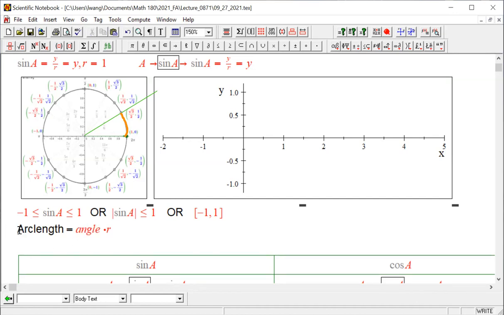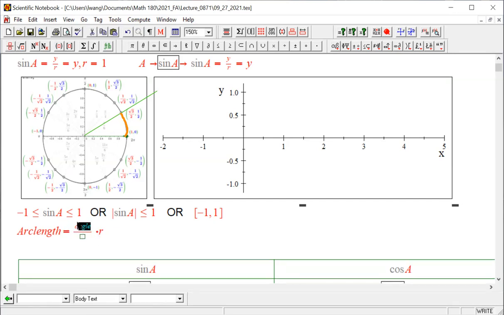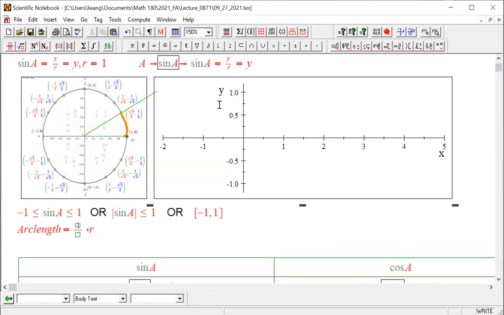So the arc length is equal to the angle. If the angle is pi over 6, since the unit is unit circle, r equals 1. Therefore, the arc length is what? Pi over 6.